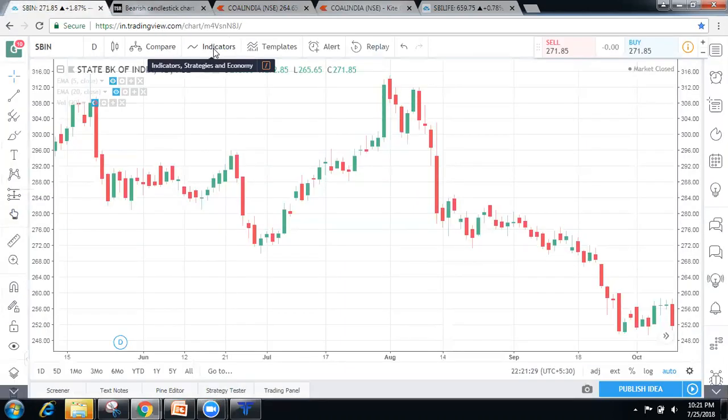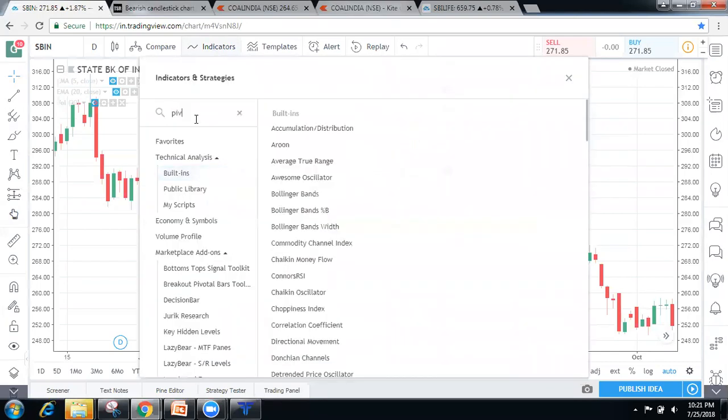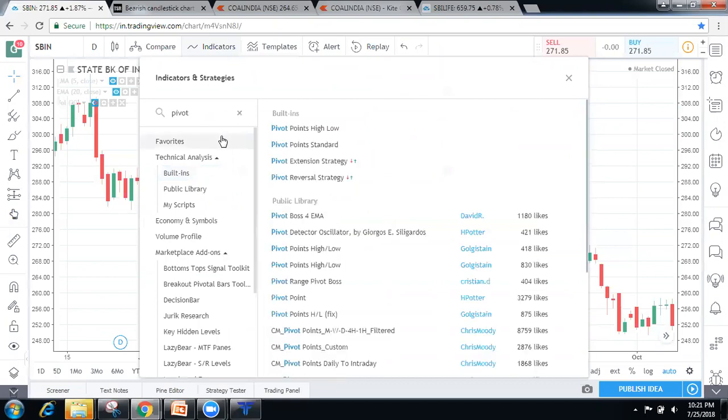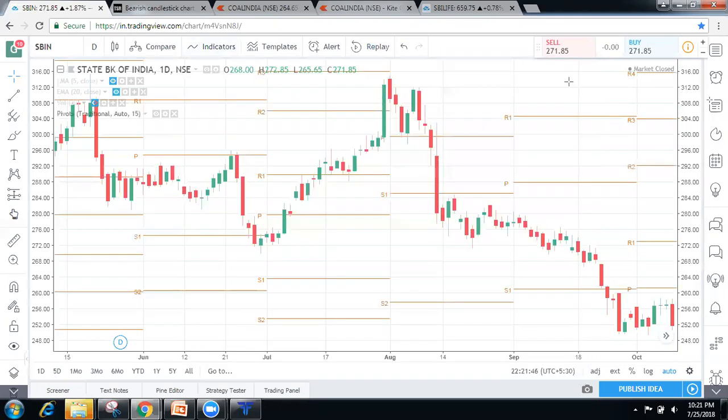Here, just what I told you, the principle about support and resistance. Whenever the stock is breaking the support, it will go from S1 to S2, and from S2 to S3.